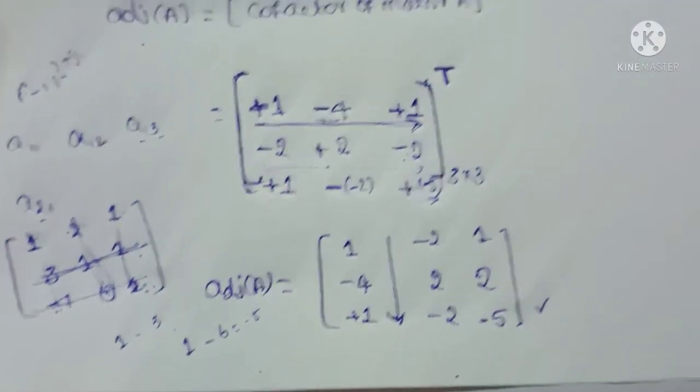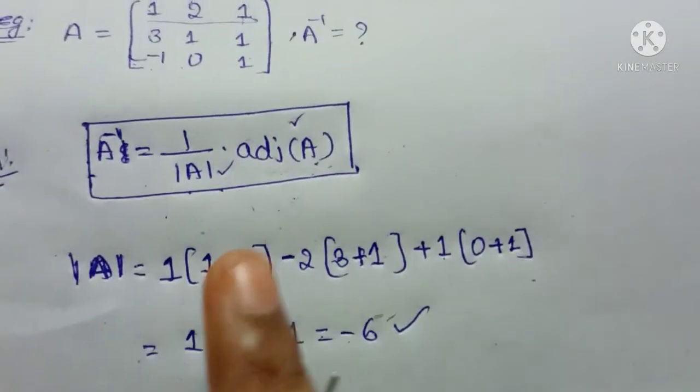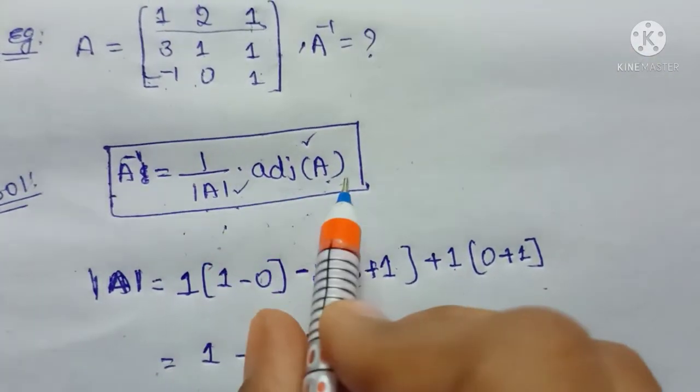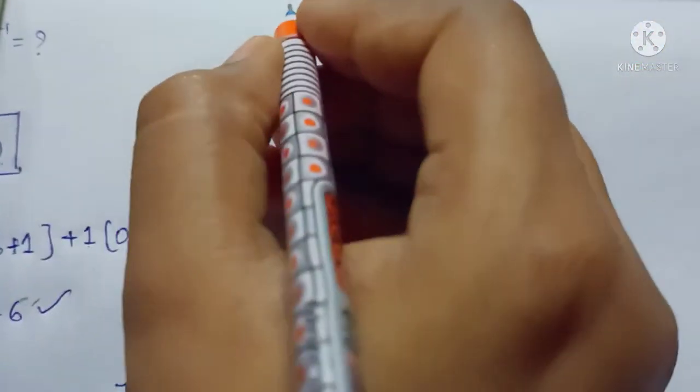Now if you see the formula, we have det A and adjoint A, so we can find the inverse of the matrix.